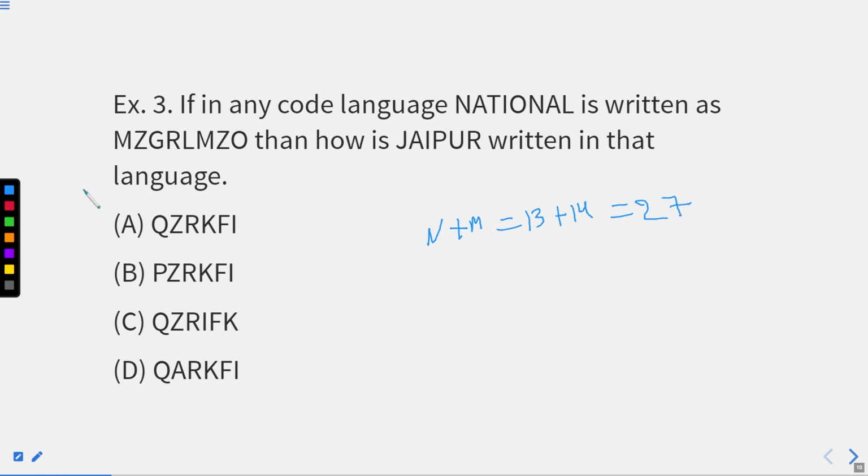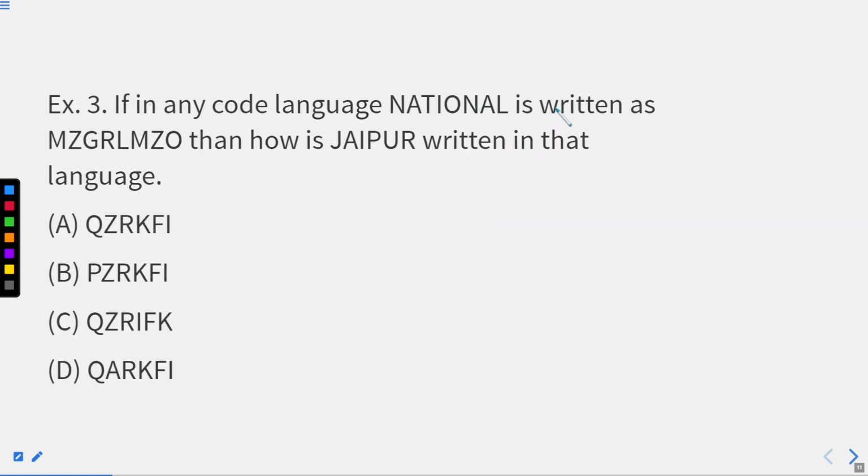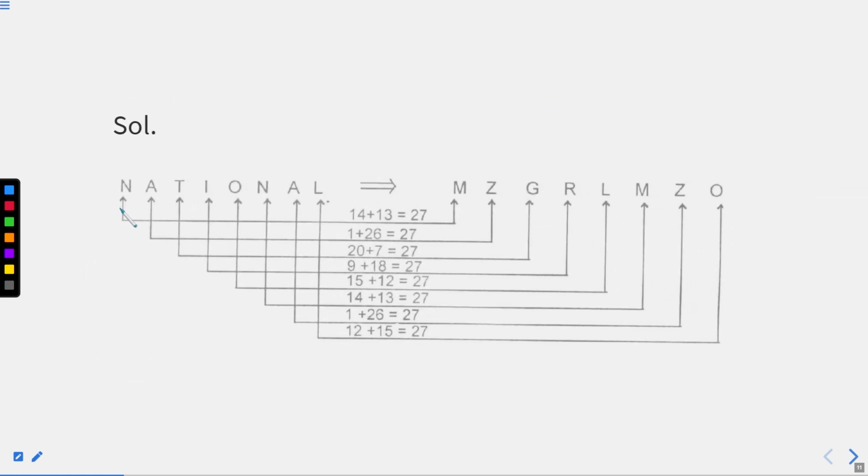So we are going to use the same concept to code the complete word NATIONAL. The last letter is L and its place value is 12, and the total sum is 27. So the other letter that we get is 15, that is O, right?